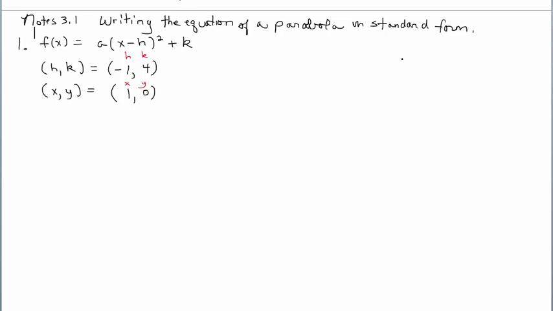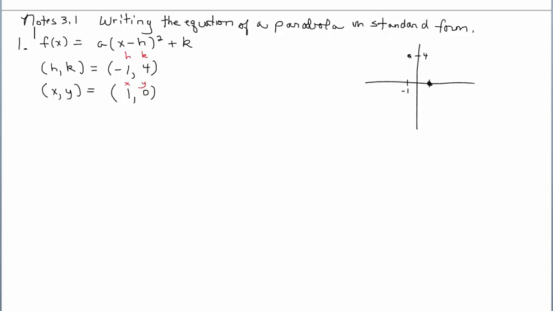So let's get a visual of what we're graphing. If the vertex is -1, 4, it would be here. If we have another point on the parabola at 1, 0, it would be here. So this is, at this point, all I know.